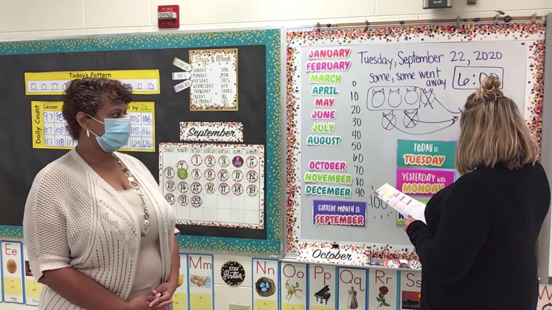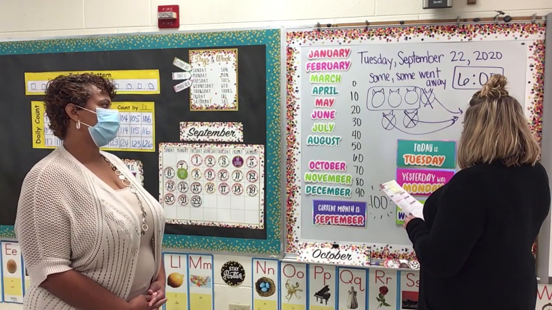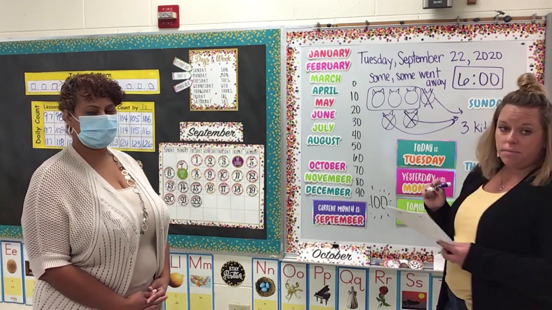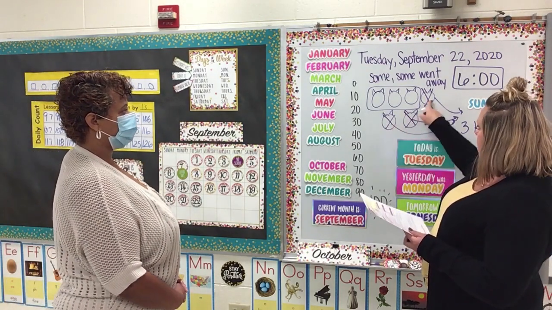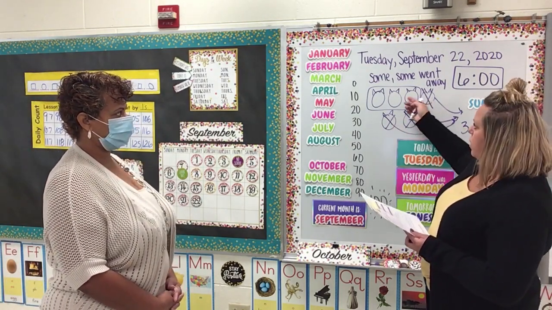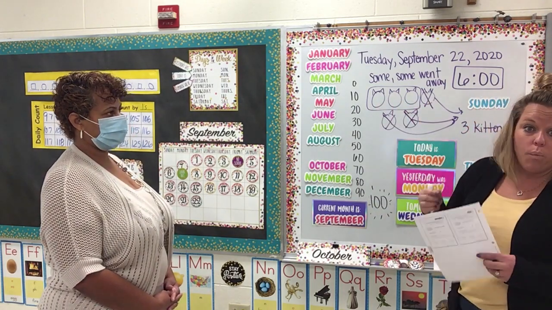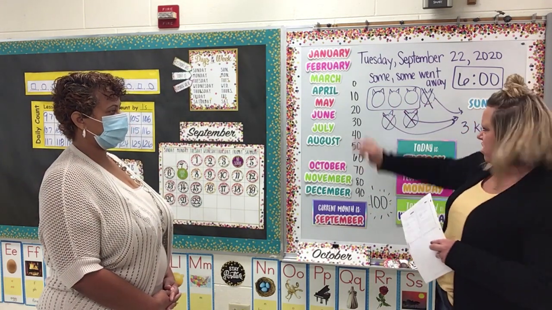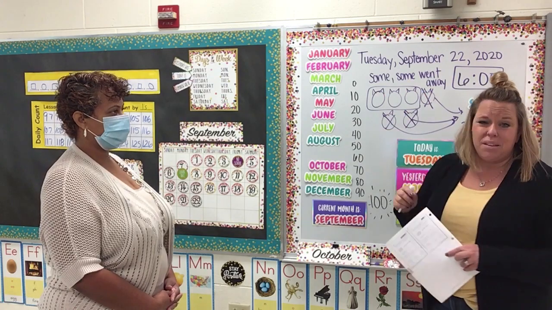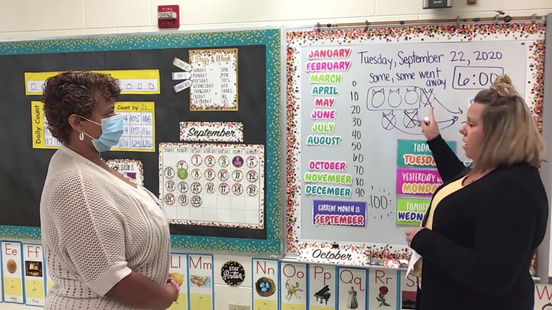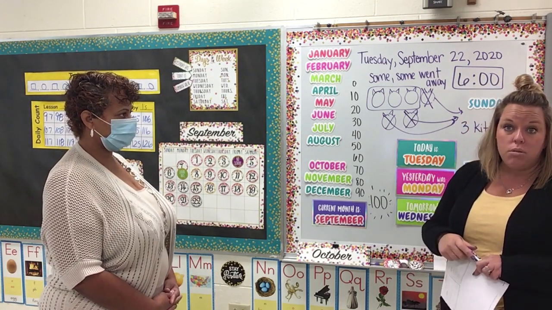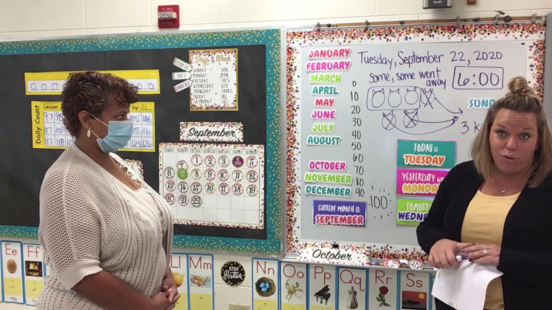So we would say he has 3 kittens left. 3 kittens. Remember, the reason I crossed it off at the end was so that I could really easily see for myself what was left over. If you start crossing them off all over the place, then sometimes it gets really confusing. So when you're crossing them off, start at the end so that you can see what you have left over.